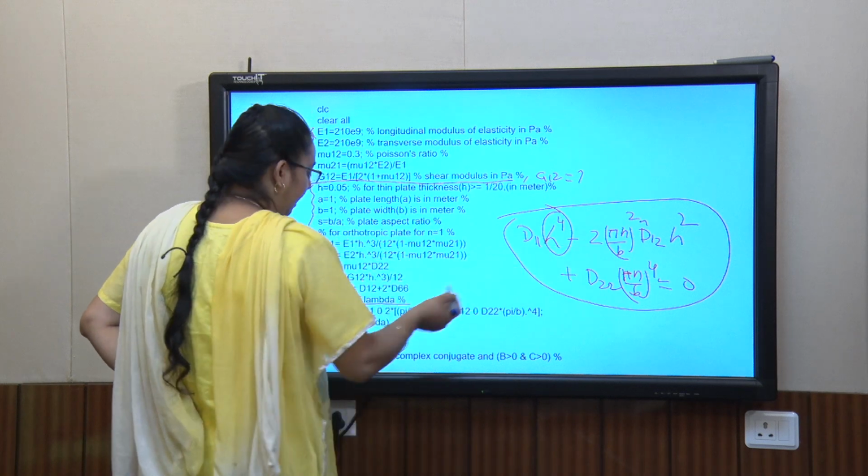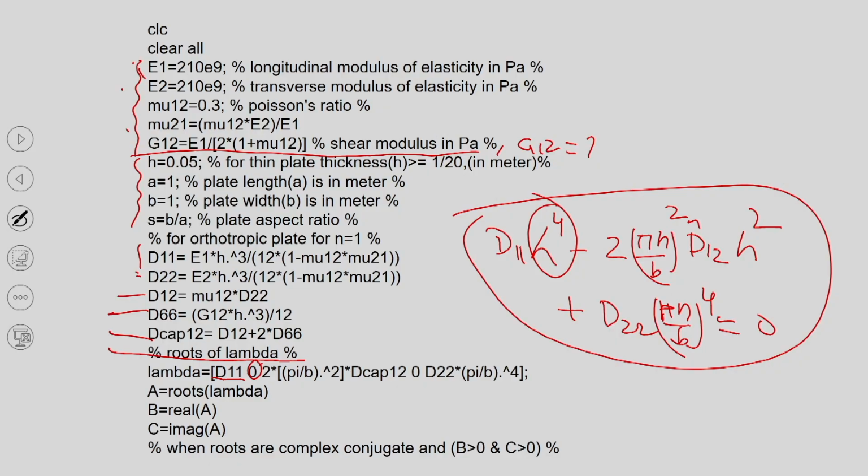There is nothing for lambda cube, so 0. For lambda 2, this should be minus of this thing. Then again lambda 0, and this is the constant. So again, roots of this will give you all 4 roots, lambda 1, lambda 2, lambda 3, lambda 4.